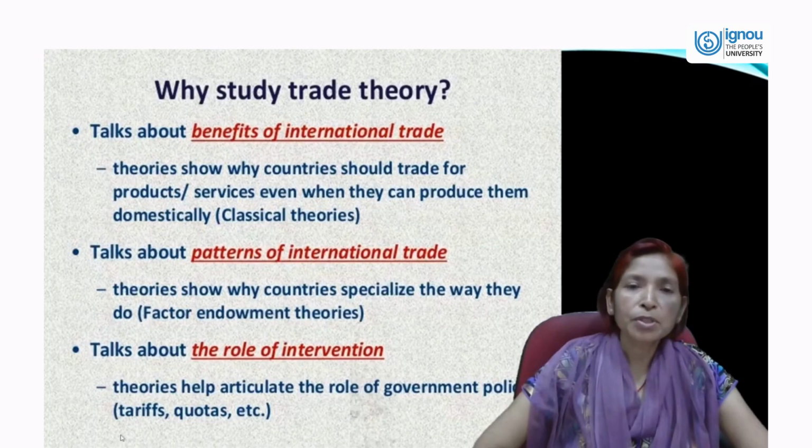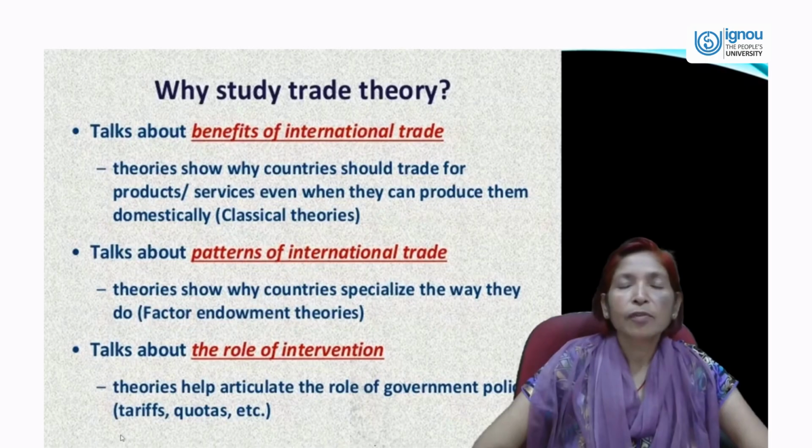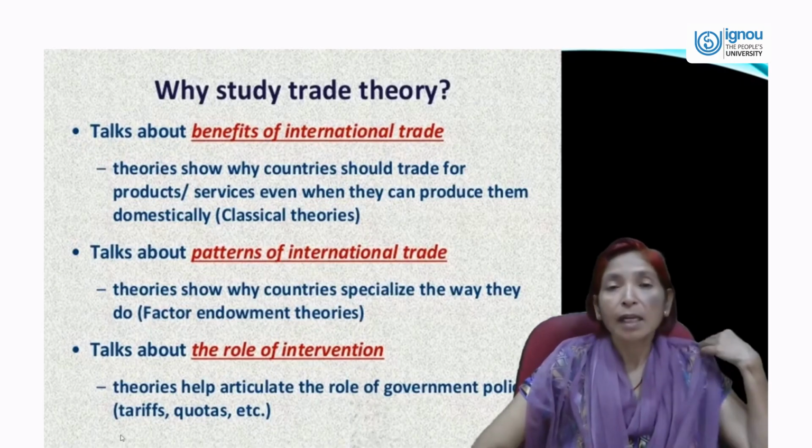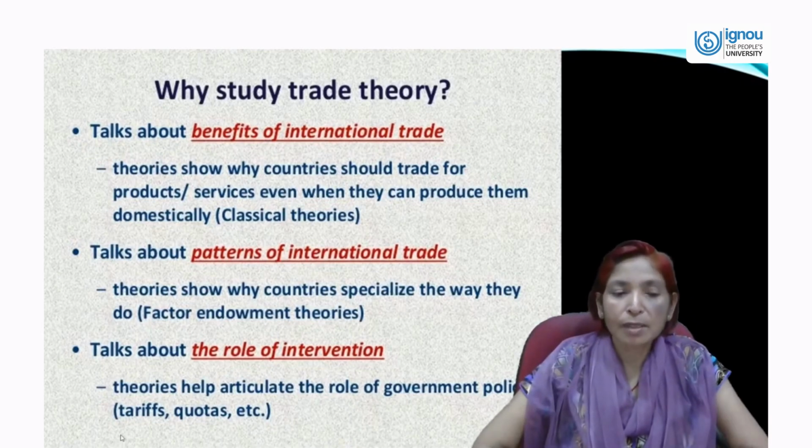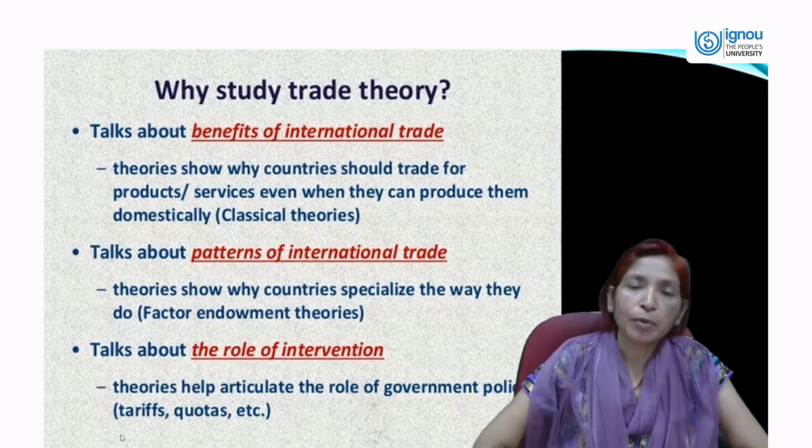So if the government imposes more taxes on imports and restricts the quantity of imported products, then imports will decrease. And if the government wants to encourage exports, then the government will provide concessions, rebates and financial assistance to the exporters, so that we can encourage exports and discourage imports by imposing tariffs and quotas.